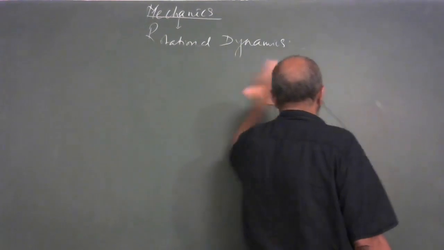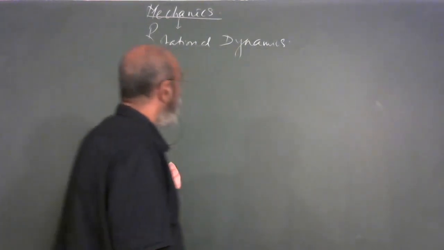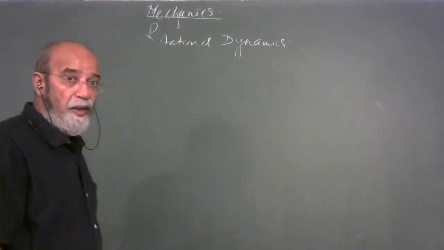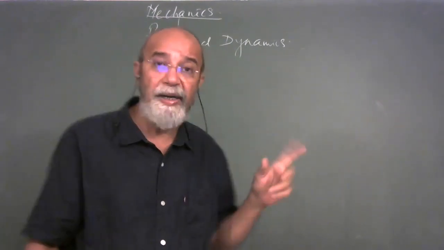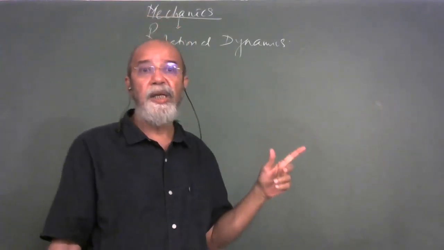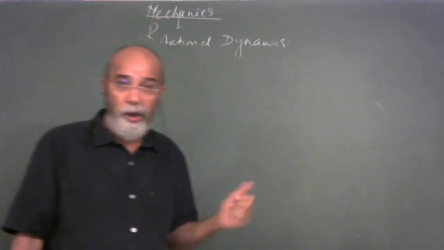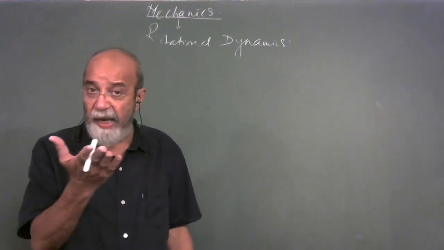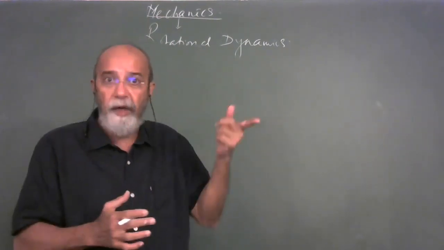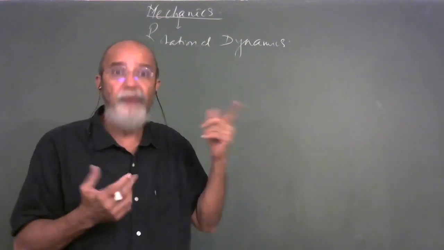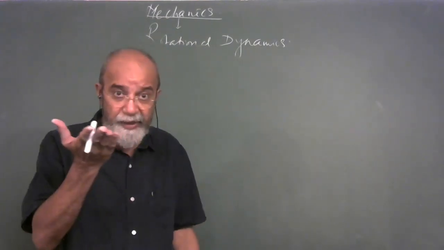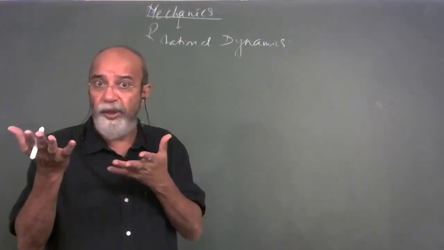In our last class, we were talking about the relationship between the torques and the angular momentums. We took a simple example of a translational dynamic situation, and we said you can find torque, you can find angular momentum even for this dynamic situation, though there is no rotation.